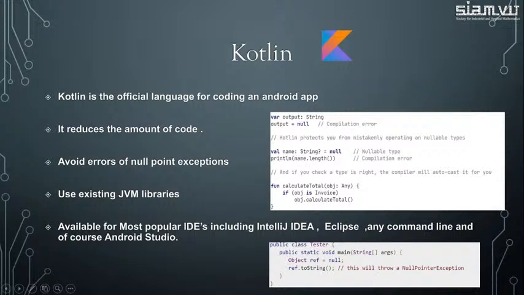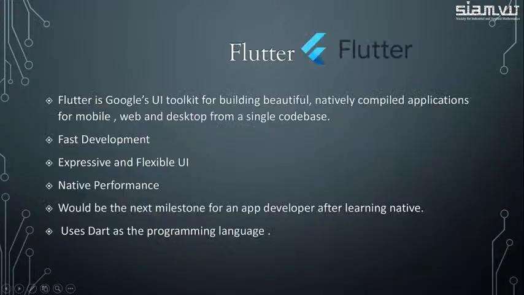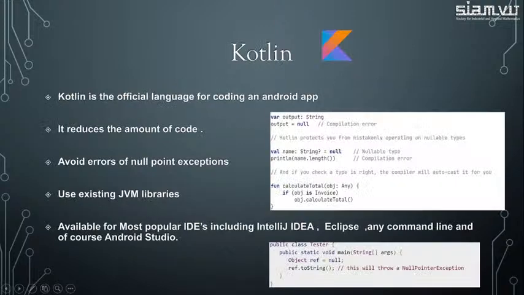So this particular first line just means that I have declared a variable which is a string type, right? And if I'm saying that that variable is a null value, it's going to give me an error, right? So Kotlin helps you to protect yourself from this particular error, which I have depicted in the same form in Java as well.